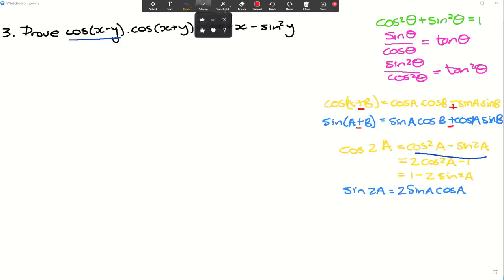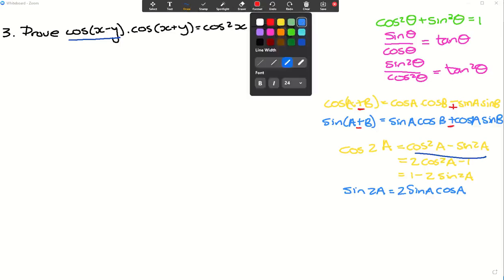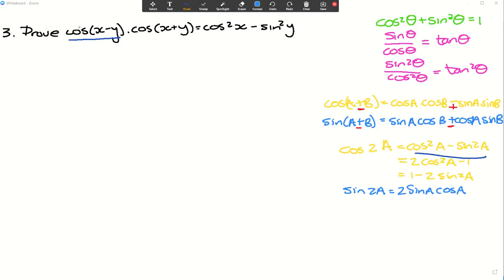We've got this compound angle, and we are going to expand it. I'm going to do it in a different color. So on the left-hand side, you have your compound angle, cos x cos y, the coses all stay together. The sign is a minus, therefore it becomes a plus: sine x sine y.